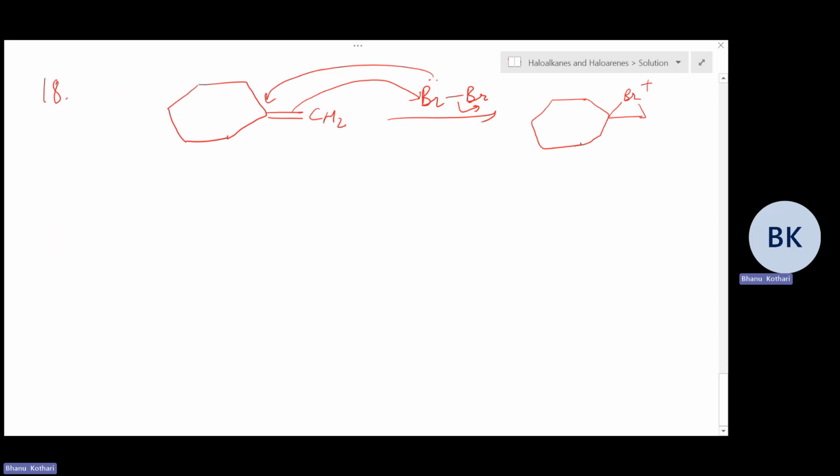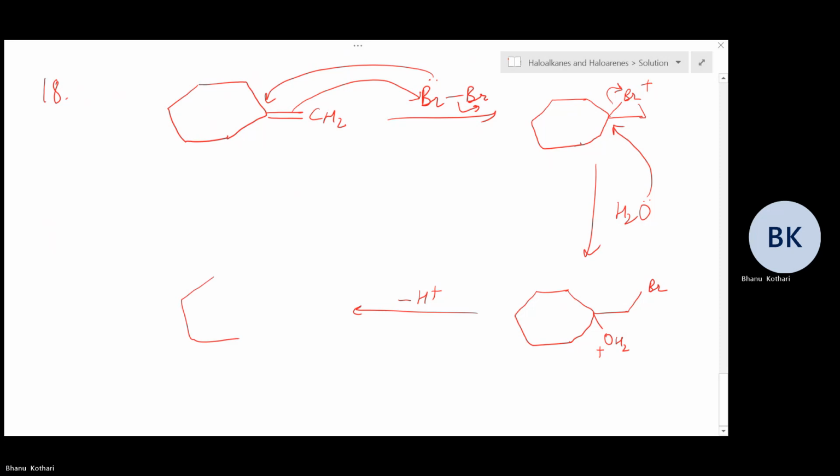And on this bromonium ion, in the next step, a water molecule will attack. And upon deprotonation, we'll get the product, Br here, OH here.